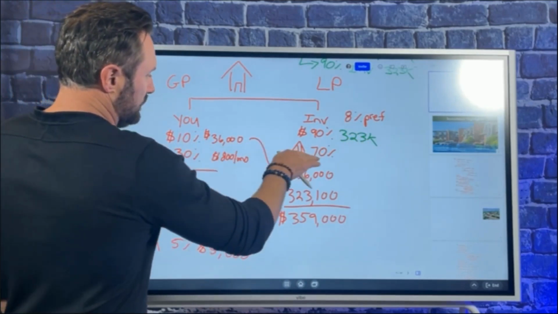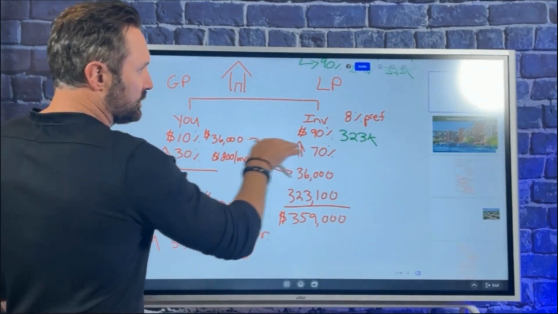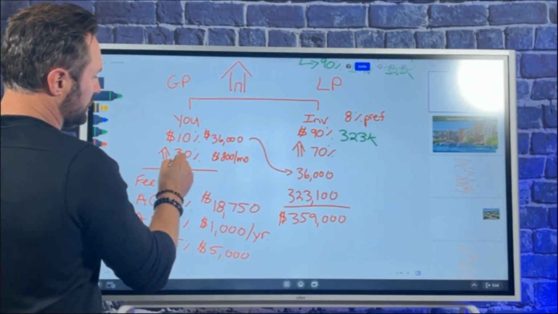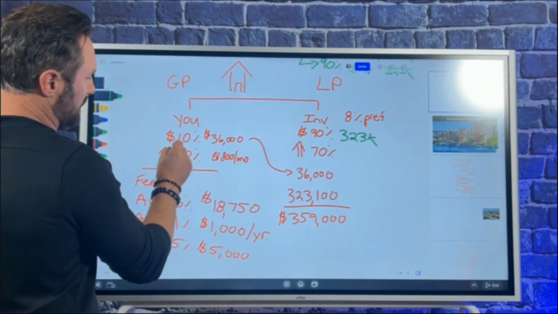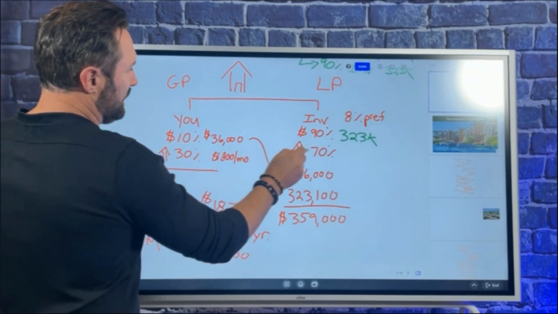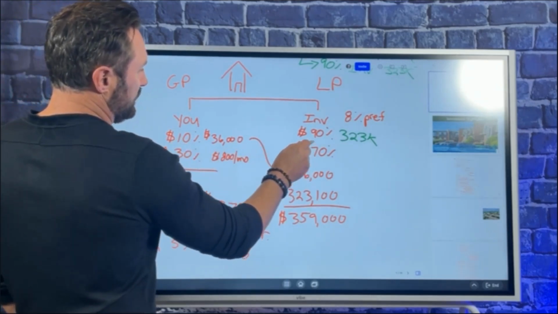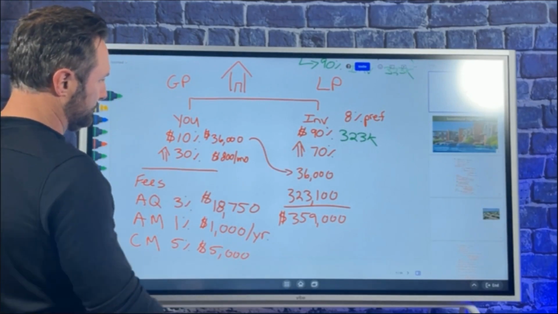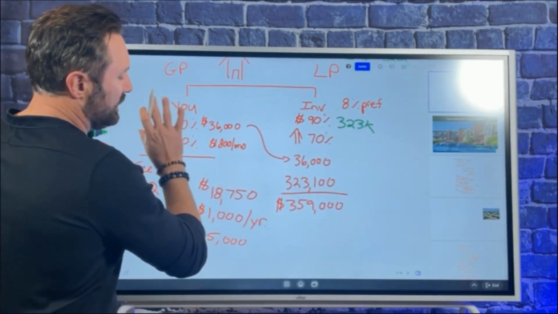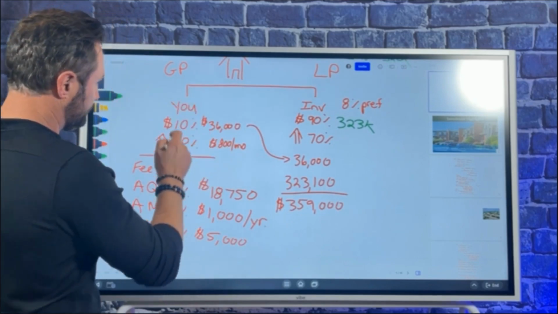Ownership of the deal and profit splits are different than the money in. So I am going to get 30% of the deal for bringing in 10% of the money. They are going to get 70% of the deal for bringing in 90% of the money. Make sense? So here's the beautiful part about the entire thing.